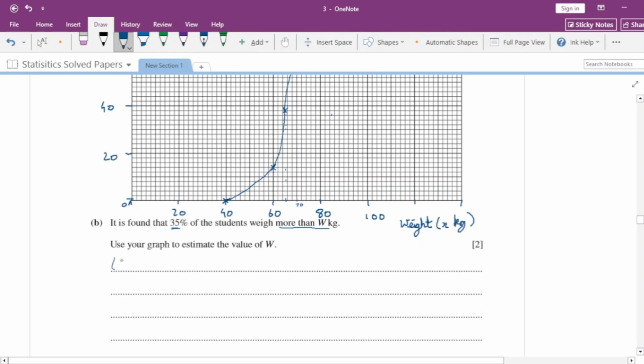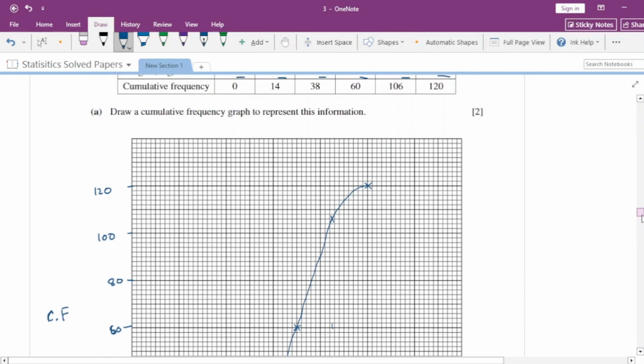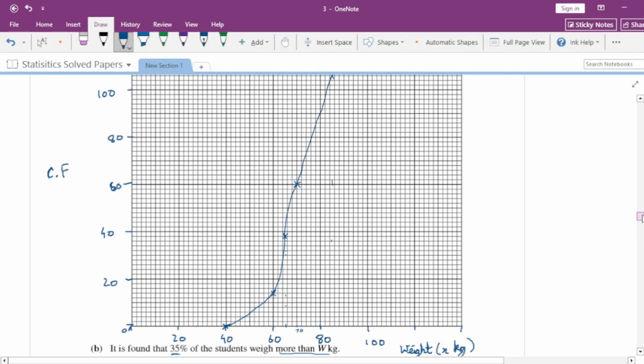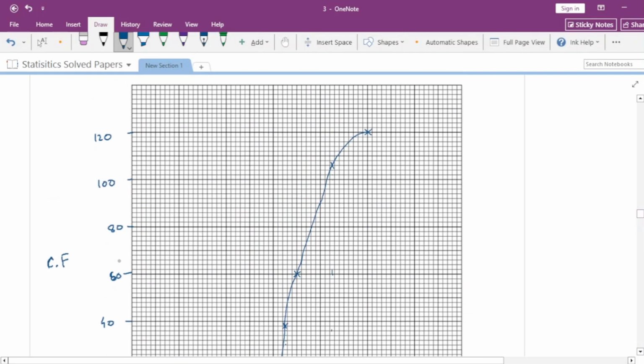So that we can easily find out, we just need to subtract it from 100%. 100% minus 35%, and we're going to multiply this with 120, that is the cumulative frequency, because we want it on the scale of the cumulative frequency, and that will give us 78. So 78 is the value which we're going to mark, and above 78 will be the 35% of the students which weigh more than W kg.